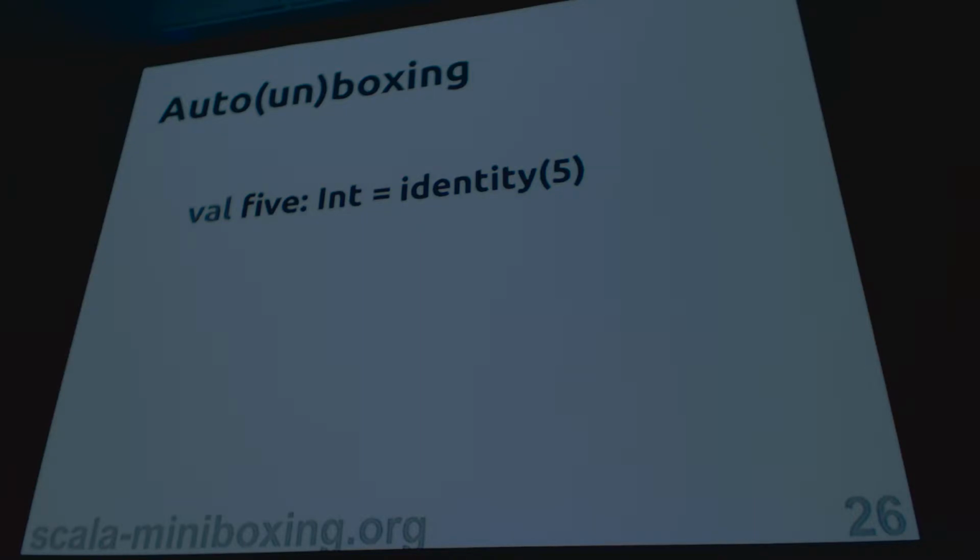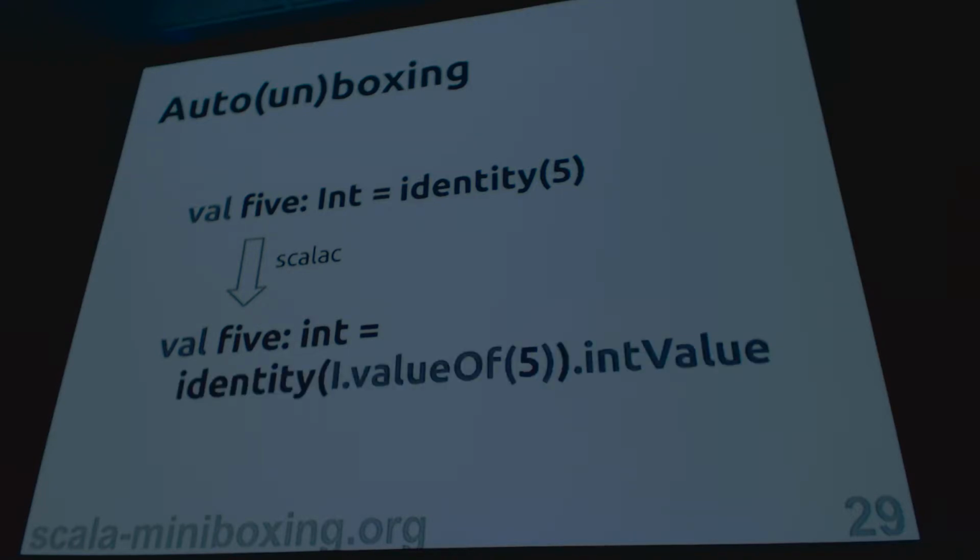This is very good. Now when you interact with generics, scalac will again try to unbox 5, but the call will get boxed because identity is generic and does not have a version that will work with unboxed values.